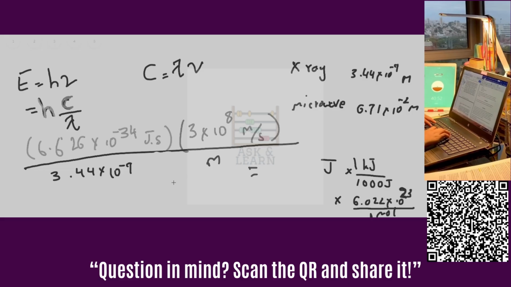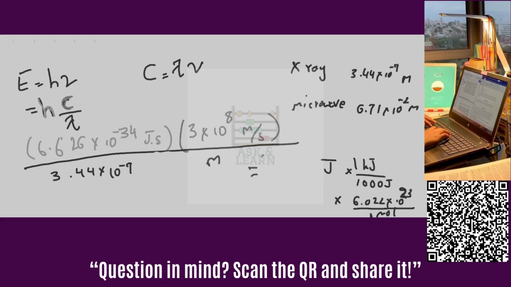Okay, so let's go ahead and solve for one of them first. So we're gonna go ahead and do the X-ray first, and then we'll do the other one. So 6.626 times 10 to the negative 34. And we also have 3 times 10 to the 8. Make sure you're entering them correctly. Divided by 3.44 times 10 to the negative 9.